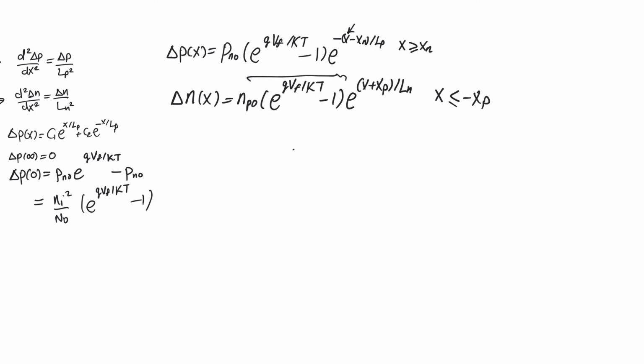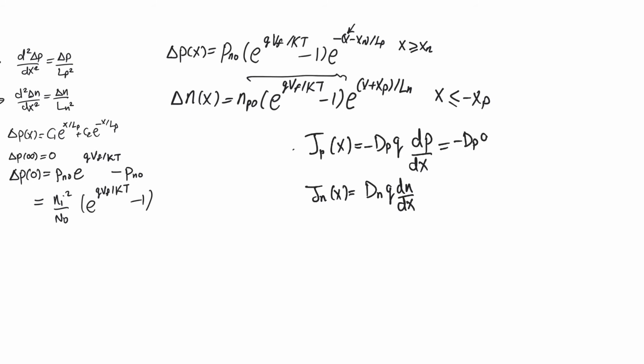We know that hole diffusion current is equal to Dp times q times dp by dx. We also know that electron diffusion current is equal to Dn q dn by dx. And we also know that dp by dx is equal to d delta p by dx, because only delta p is a function of distance.